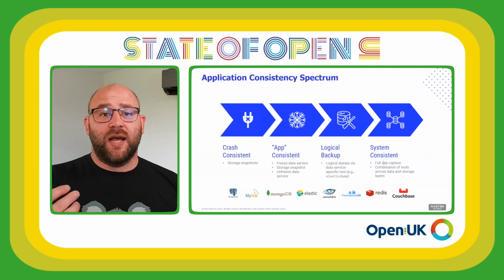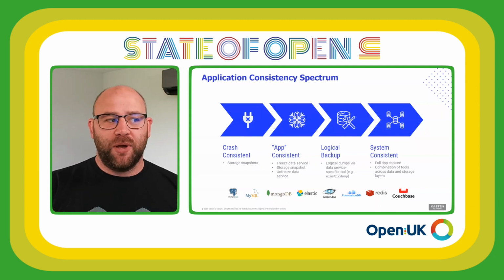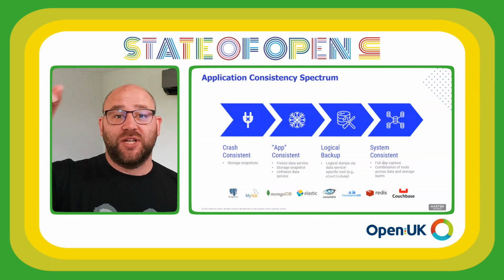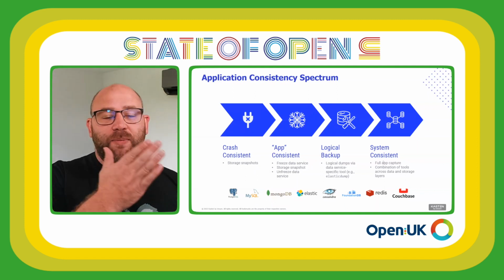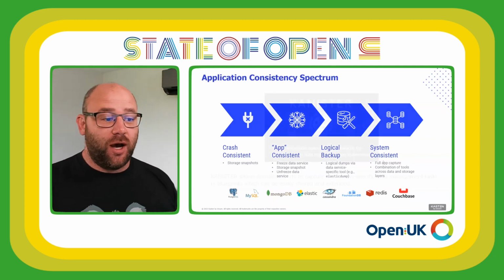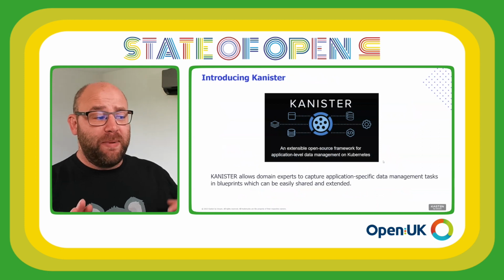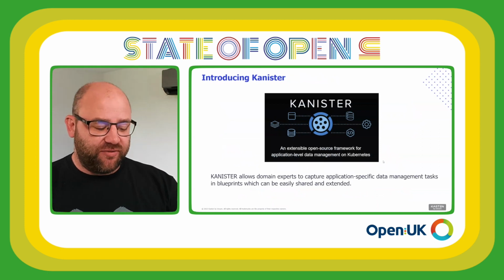So in terms of a full data protection and consistency mind map kind of thing, I want to make sure I'm protecting the whole application. And depending on the application will depend on where you can get on this chart. Ideally, you want to be more towards that right, or maybe a mix of a few of these different options as well.